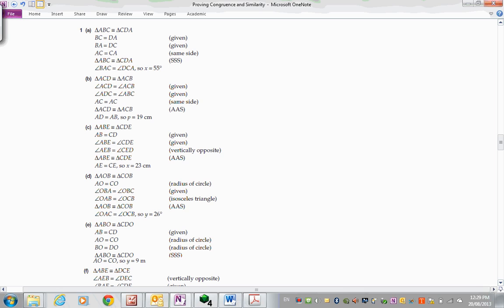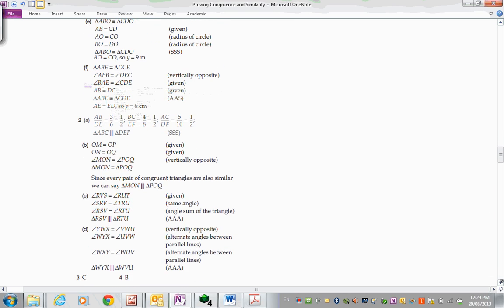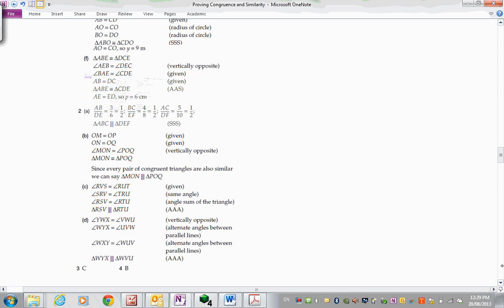Don't forget the setting out. Okay, and then let's do the bottom of question 1 into question 2. Okay, and then question 3 and 4, the answers down the bottom there. Okay, toggle back and forward and mark your work.